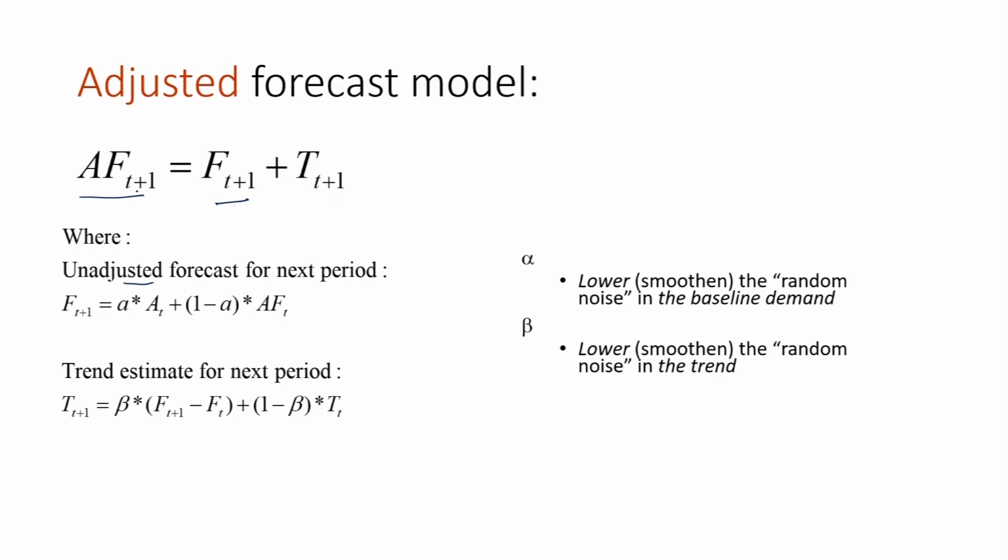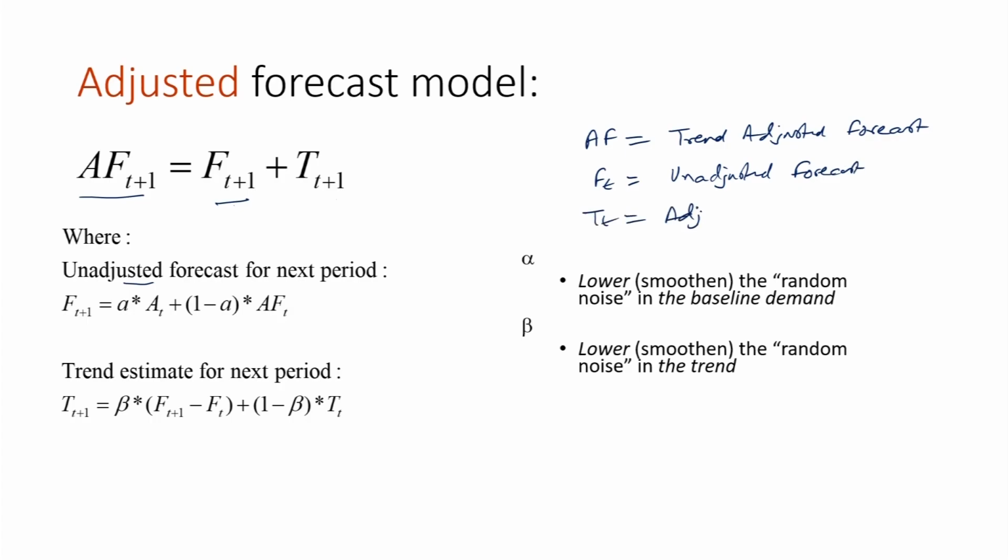So, in that way I can say AF is the trend adjusted forecast, whereas F t is the unadjusted forecast, and T t is the adjustment for trends.